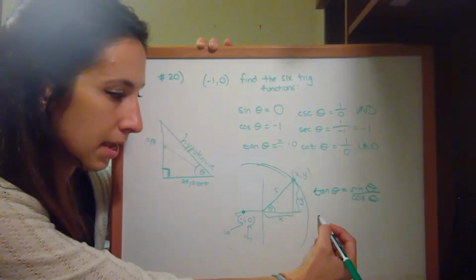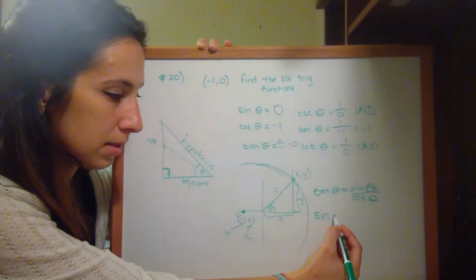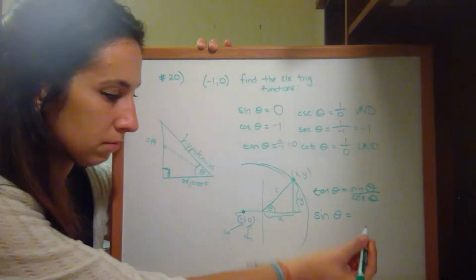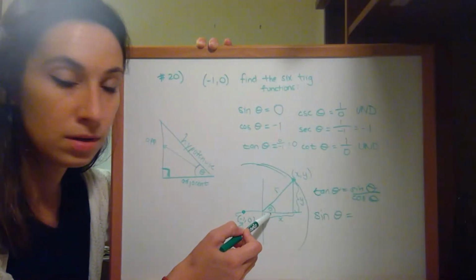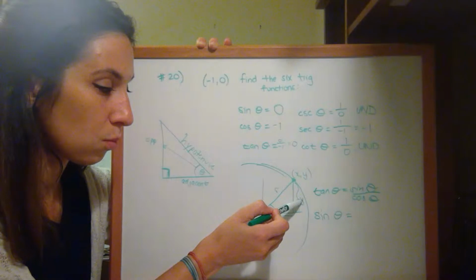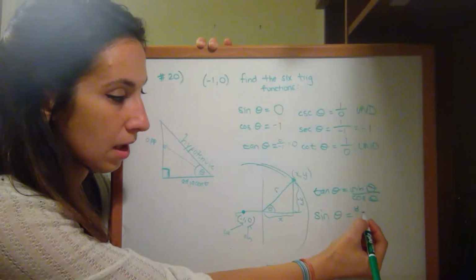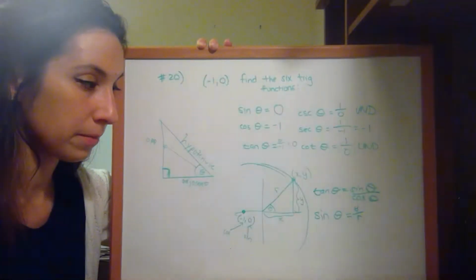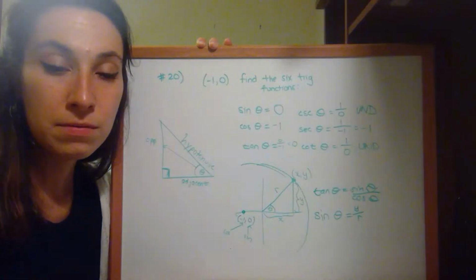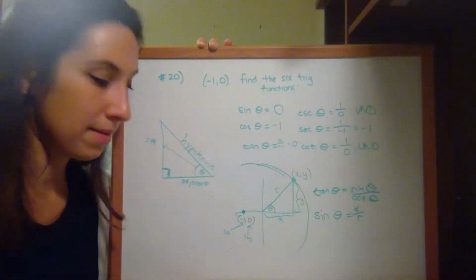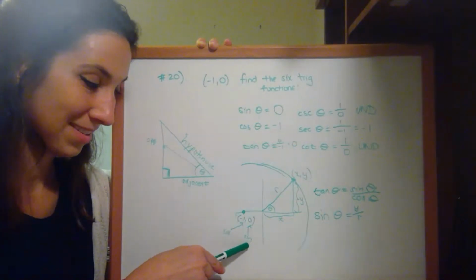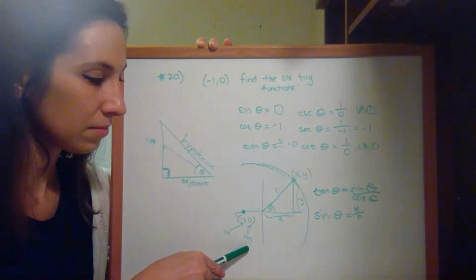Say, okay, the sine of the angle, this angle right here, is opposite over hypotenuse. So opposite is y, hypotenuse is r, okay? If the radius is 1, then sine just turns out to be the y value, which is exactly what I was alluding to.